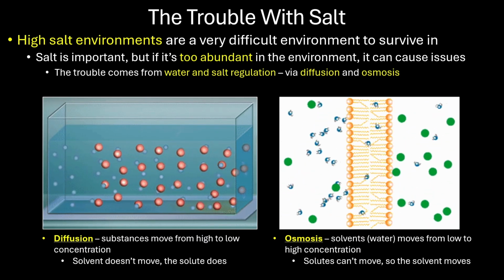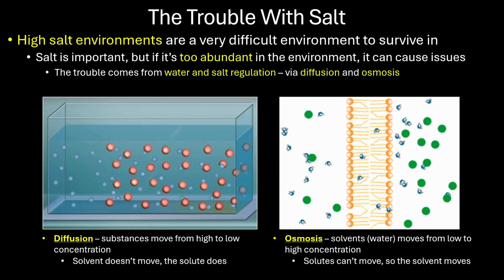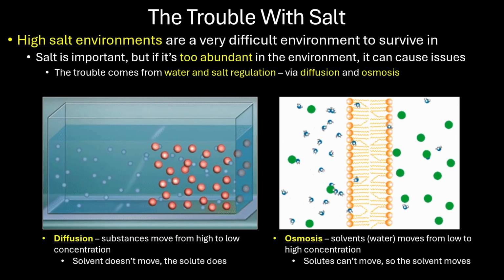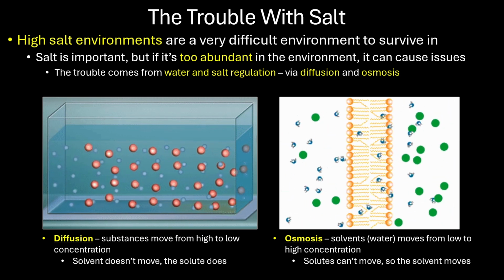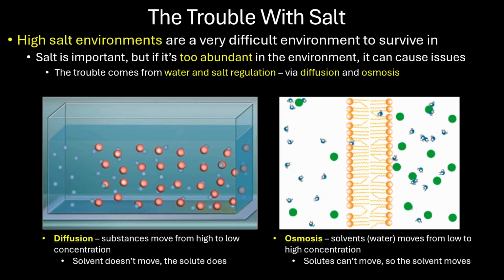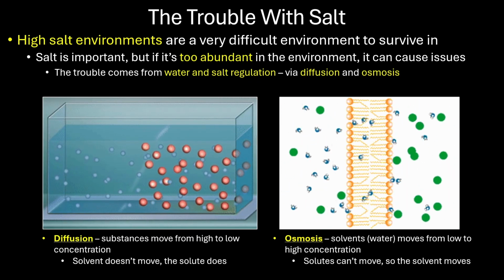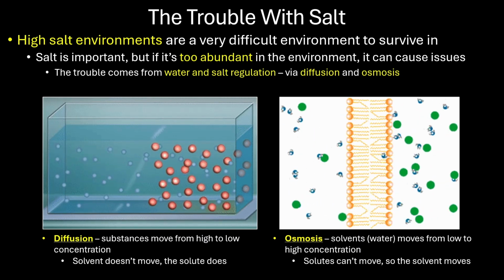But if it's too abundant, particularly in the environment, that can cause some significant issues. Not because it really interferes with specific metabolic processes or something like that. It's actually a water regulation issue. The trouble comes from the processes of diffusion and osmosis.